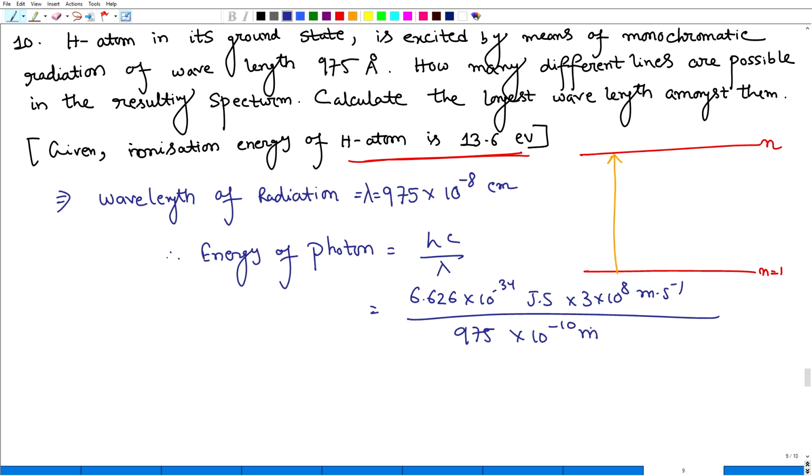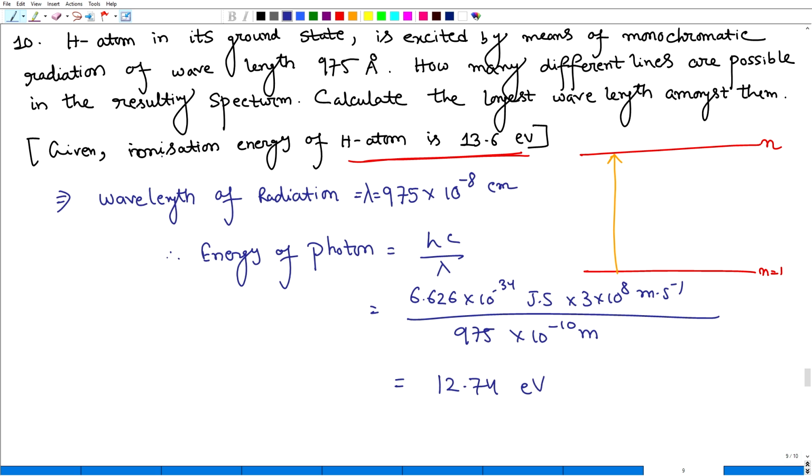So eventually, if you do the calculation properly, it comes out to be 12.74 electron volt. First it will come in joule and then in electron volt. So 12.74 electron volt is the energy of the photon.